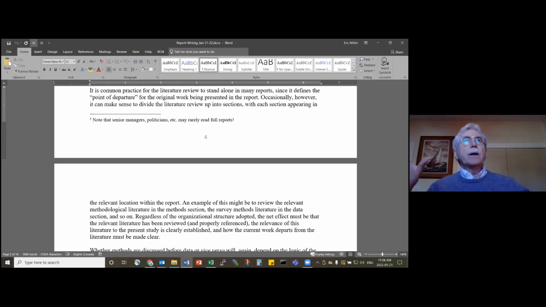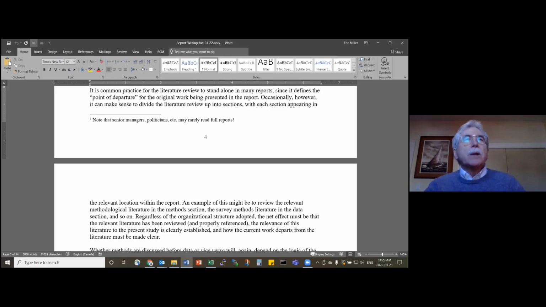Instead of having a chapter dealing with all this holistically, which you then find you're constantly referring back to when you get to methods and data and results, sometimes it makes sense to have a review of the methods in the methods section, and in the data section have a review of the literature on data, and so forth. How you organize this really depends on the nature of the report, what you're dealing with, what makes sense in terms of, again, a good flow and an easy way for people to assimilate things.